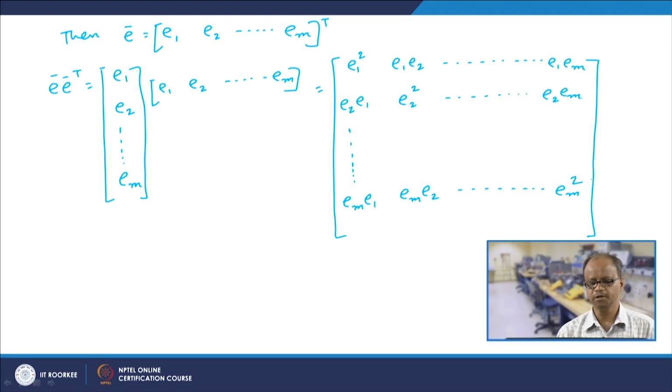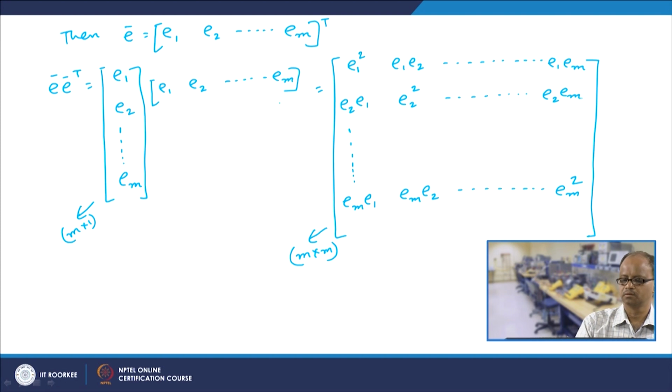So, this would be the matrix. This is M cross 1, this is 1 cross M, so this is an M cross M matrix.